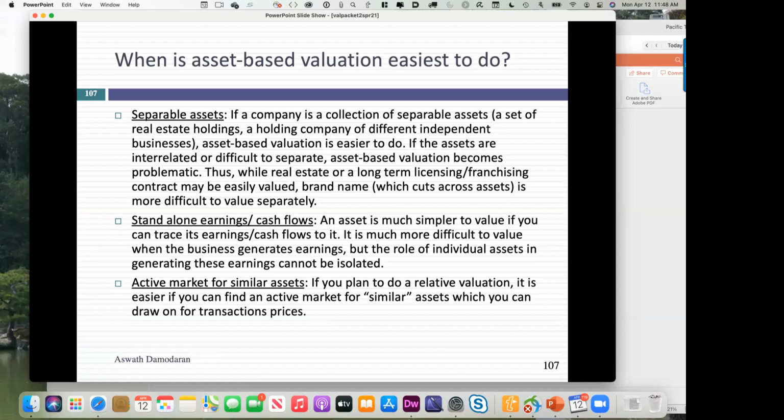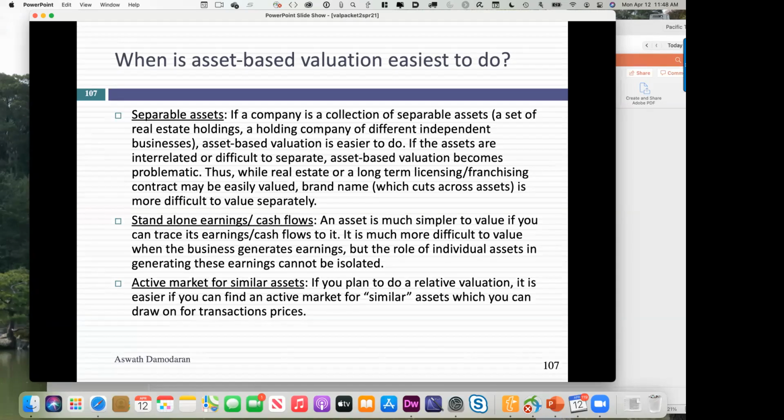If each piece has its own earnings and cash flows, it gets even easier because then I can value each piece separately. But if I want to do a pricing, if each piece is in a different market where I can get a pricing for that piece separately, again, it's much easier. If you gave me a company that's composed of 8 real estate properties in different parts of the country, and you asked me to do a sum of the parts pricing, my job is pretty easy, right?